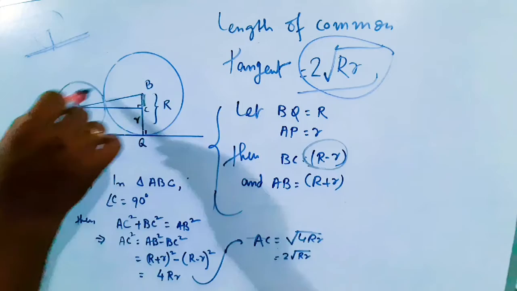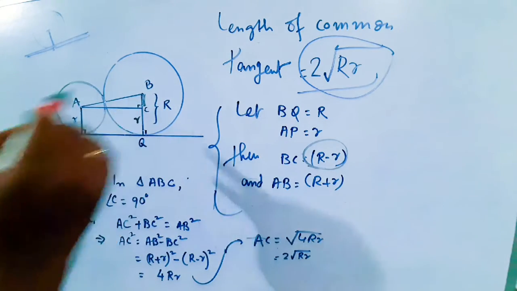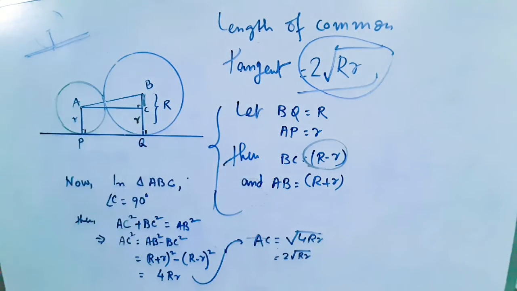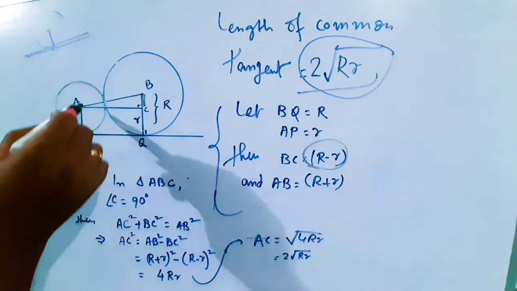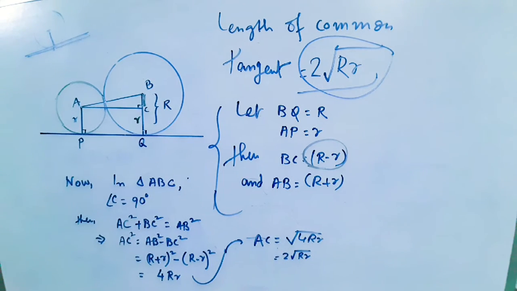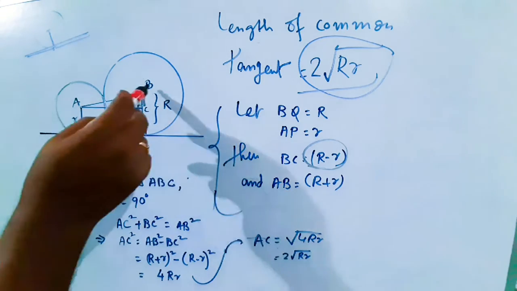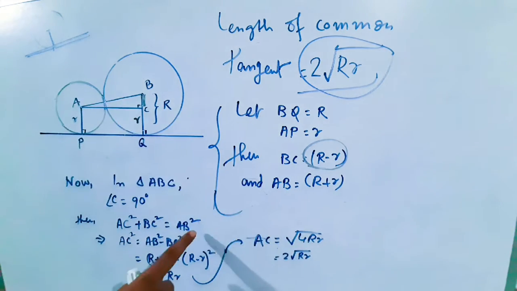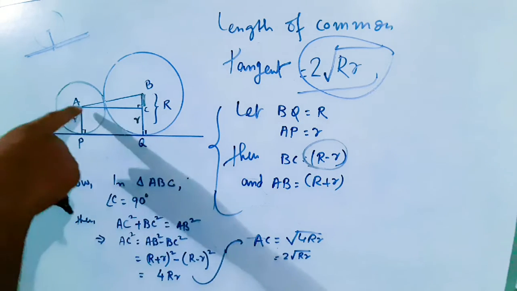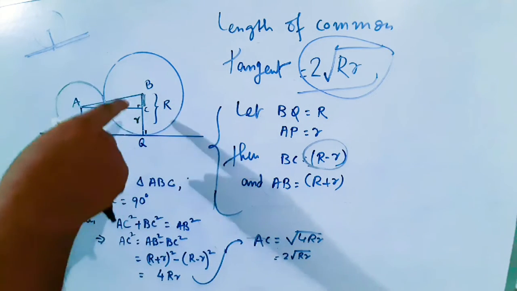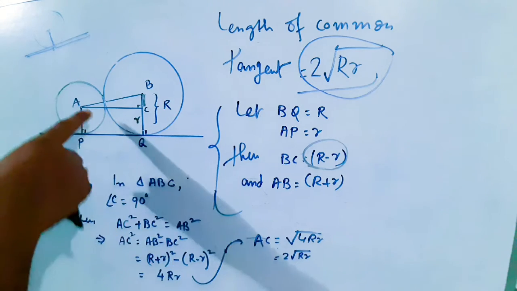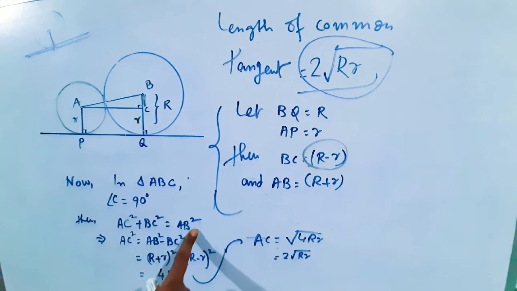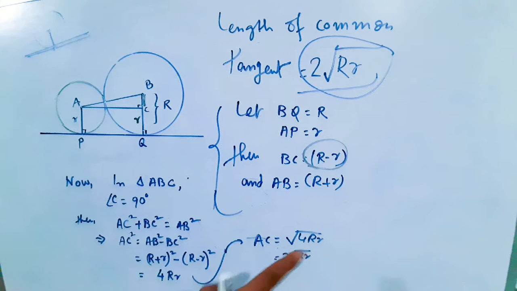In triangle ABC, since C equals 90 degrees, ABC is a right angled triangle. As per the Pythagoras theorem, hypotenuse square equals base square plus perpendicular height square. So AC square plus BC square equals AB square. So AC square means AB square minus BC square.